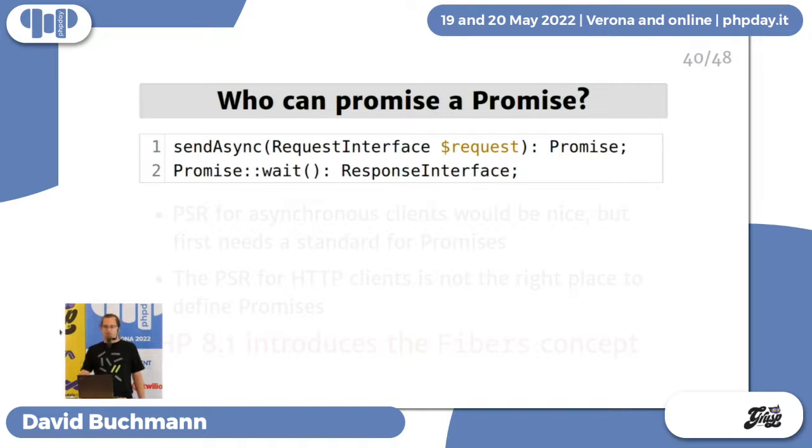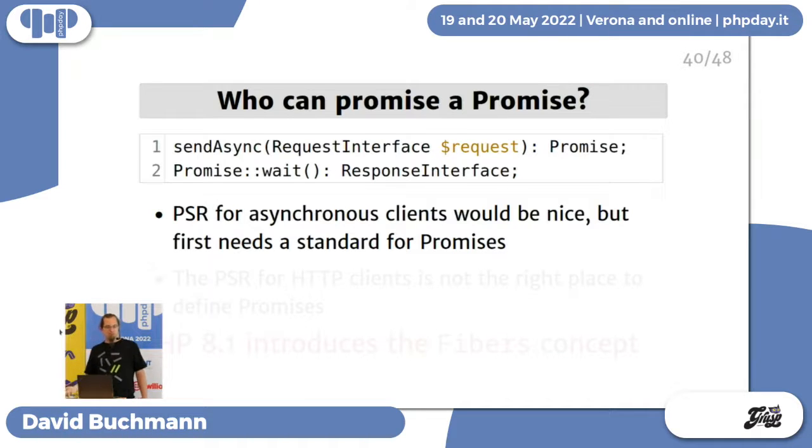And a promise is just the thing saying, well, in this thing you're going to have your response eventually, but maybe not now, not yet. And then the promise has a method called wait on it, which you use when you say, well, now I need my response, so I wait for the request to resolve so I can get my response.